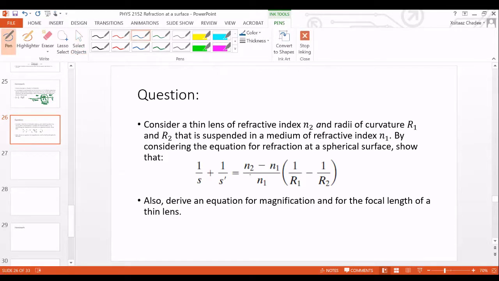In fact, this entire right-hand side is equal to 1 over F.